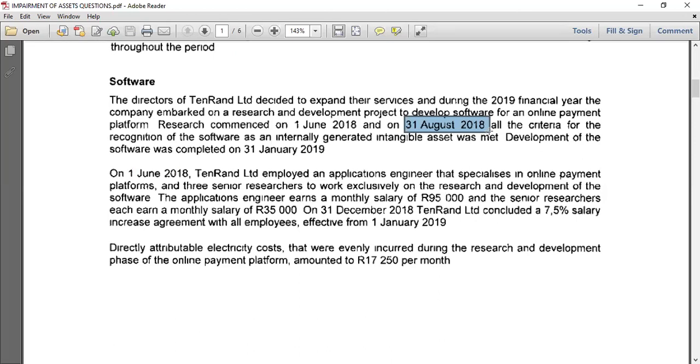So from September to December, the applications engineer was earning 95. Then in January, the salary was increased.